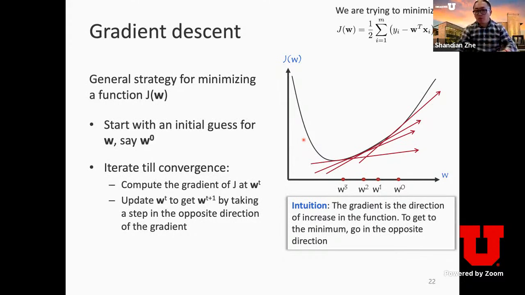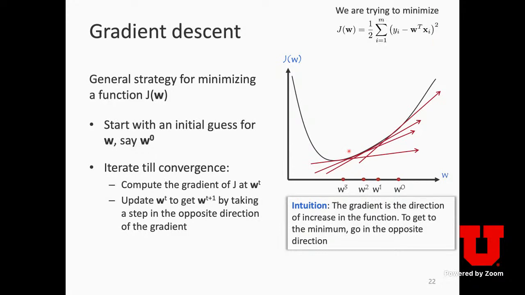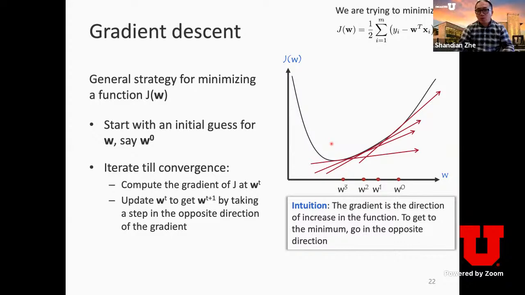In a high dimensional space, we can't simply say the slope is positive or negative, as here in this one dimensional space. Gotcha. So the gradient is a vector, and the direction of the gradient is however it's facing, and then we can reverse that and take a step that way. Yes, exactly. That's how gradient descent is performed.